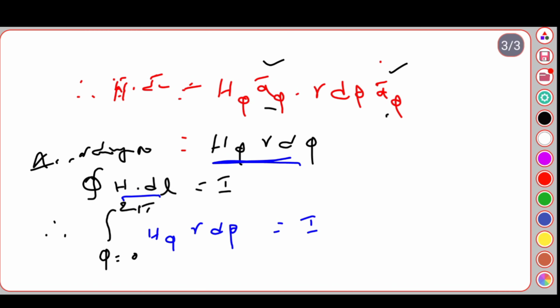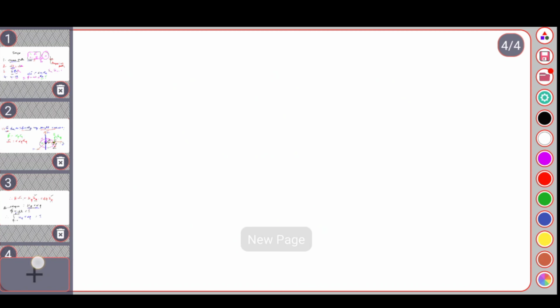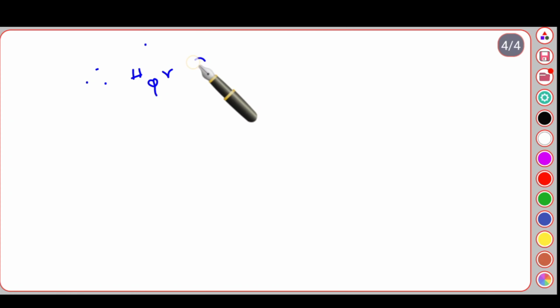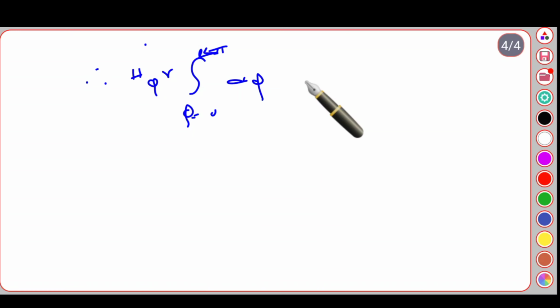Therefore H phi r times the integral from phi equal to 0 to 2 pi of d phi equals I.